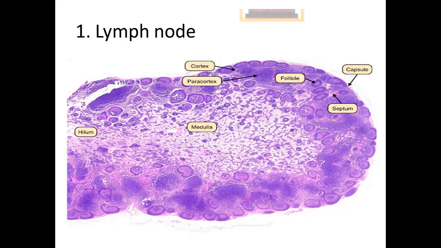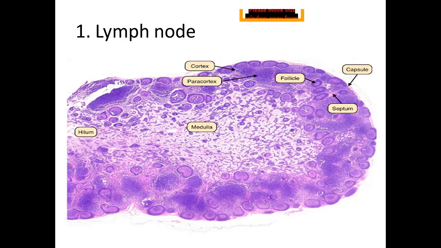It is located in various regions of our body, like the neck, the axilla, along the major vessels, and also in many body cavities. Its parenchyma, from the cortex to the central medulla, contains many cells, including T and B lymphocytes, macrophages, dendritic cells, follicular dendritic cells, and finally stromal cells.